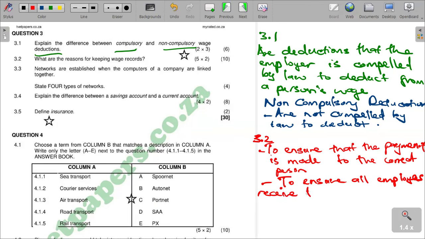Receive the correct amount, as prescribed by law.